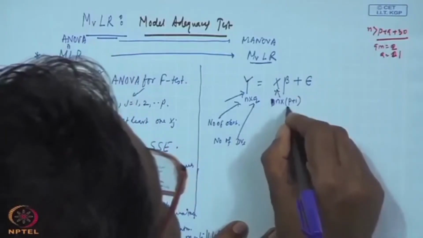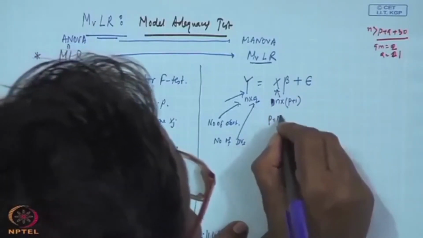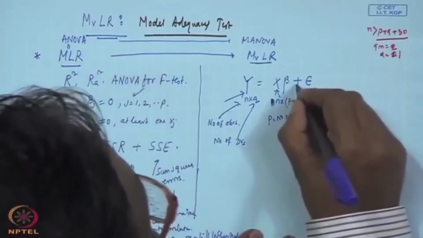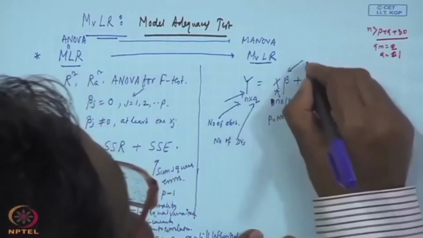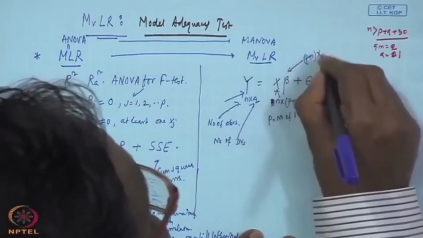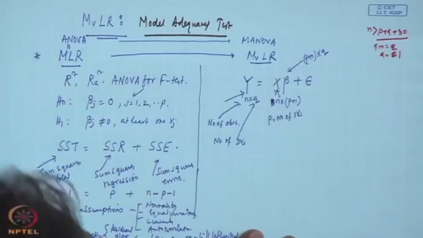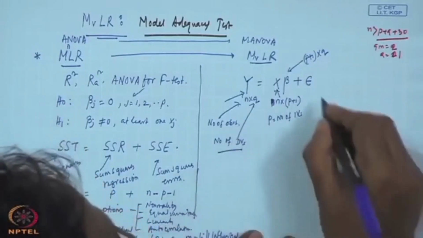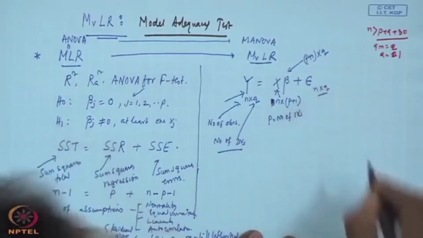So, p is the number of IVs and your beta is p plus 1 cross q. Okay. So, now what is q? Q is the number of DVs, then this one is n cross q.